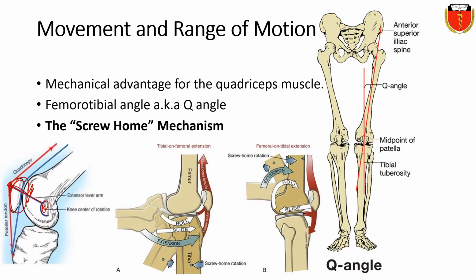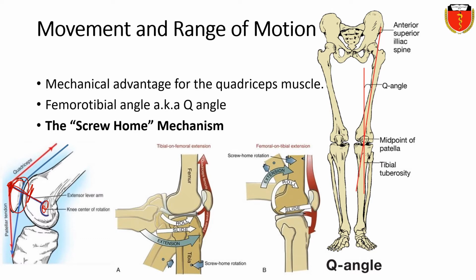Because of this extensor lever arm, we are able to increase about 30% of the strength of the quadriceps just by the additional lever arm that we have in the patella. In reverse, if you lose the patella, you might lose about 30% of the total strength of the quadriceps, which means you need to work about 30% harder to control the same amount of knee flexion movement, or to provide the same amount of stability that you would have with the patella.